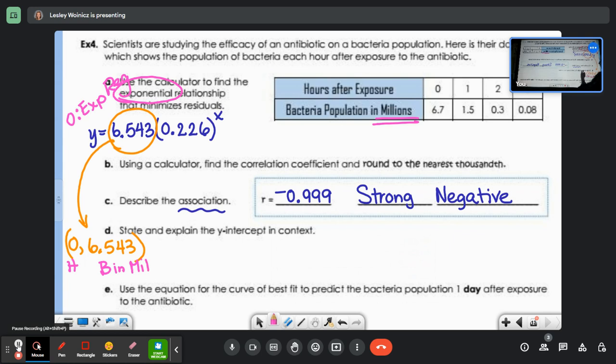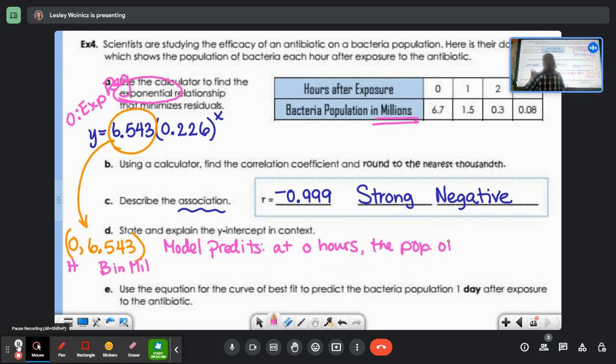So, model predicts at 0 hours, the population of bacteria was 6.543 million.